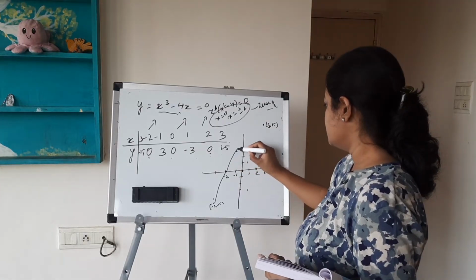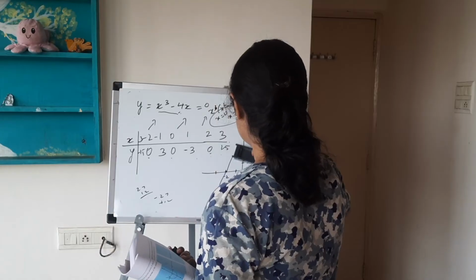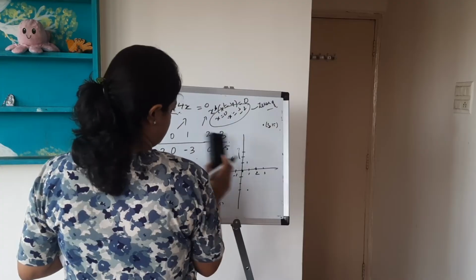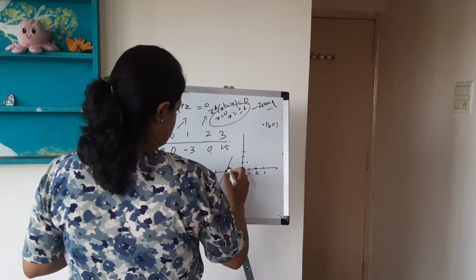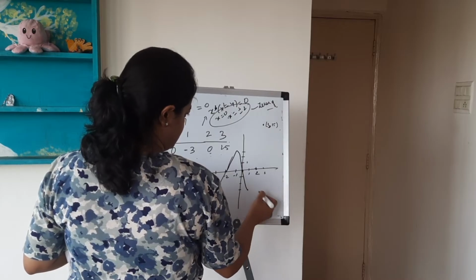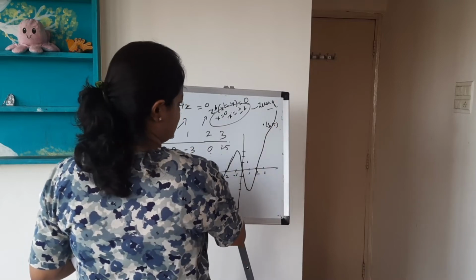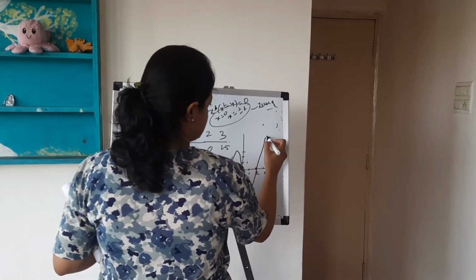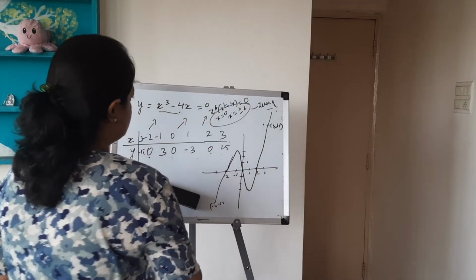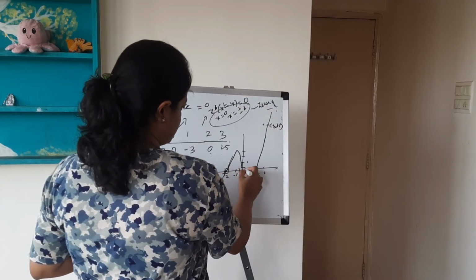So it's going like this and like this and like this. I have not shown it very nicely. Obviously, this is not drawn to scale, right? So this is how it is going to come. So it's hitting at 3 points.